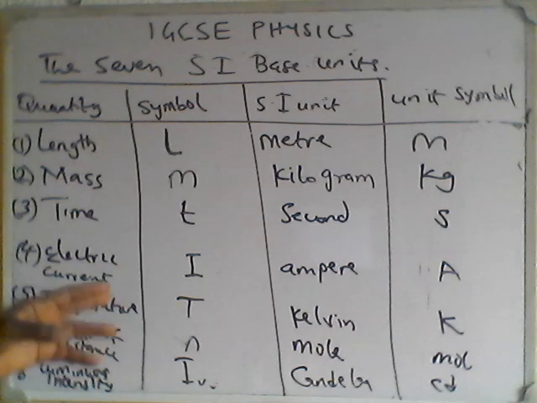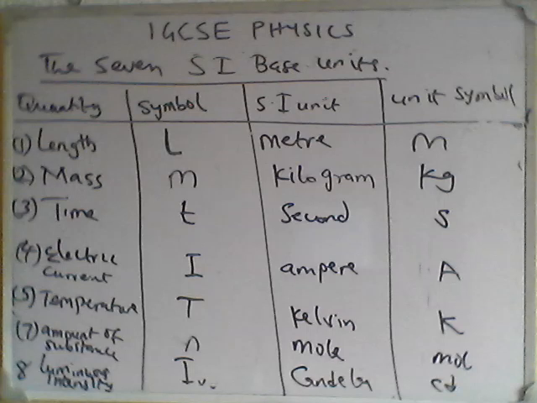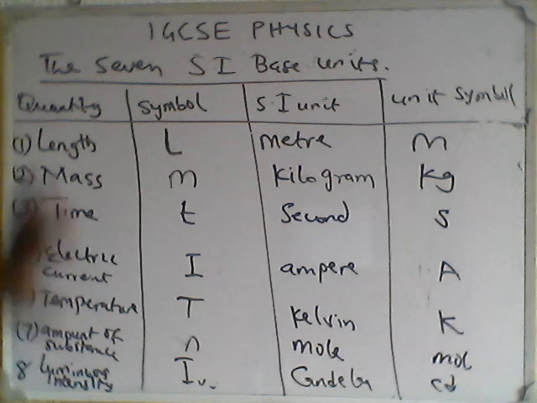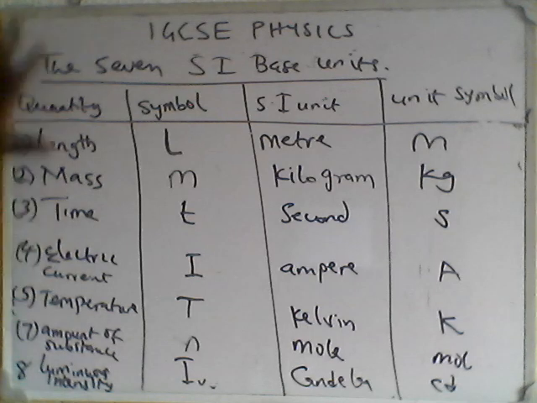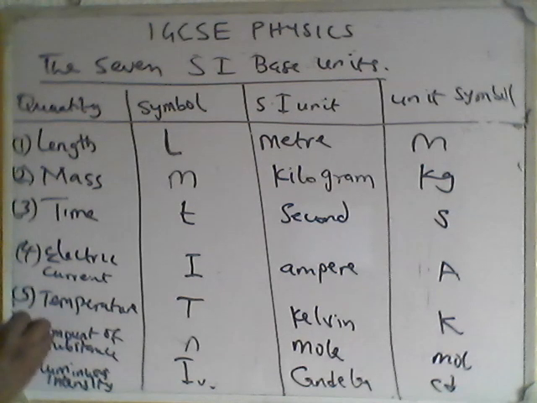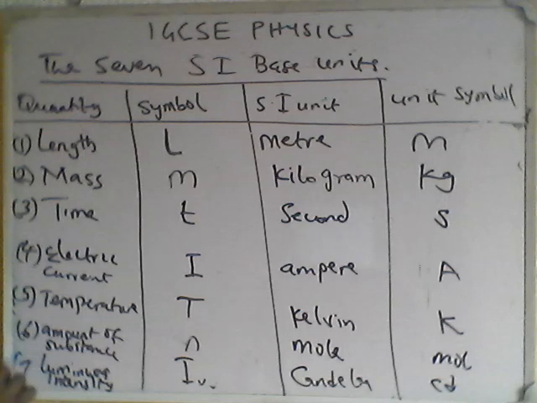These are the fundamental quantities. Like I said, they are fundamental. There are 7 of them. The common derived quantities and their units will come up in the next discussion.